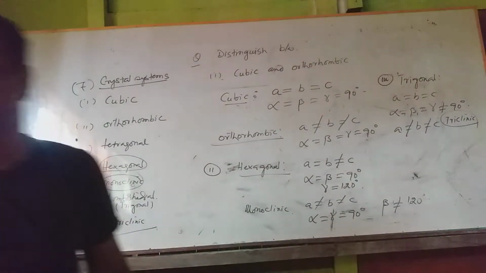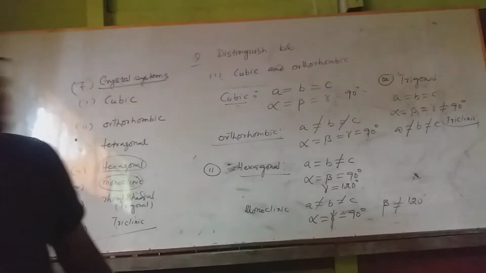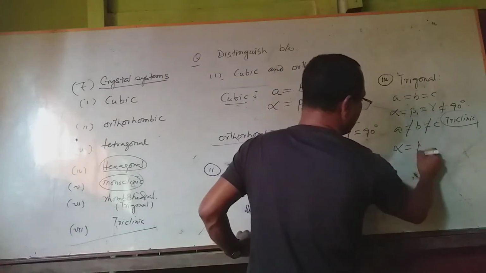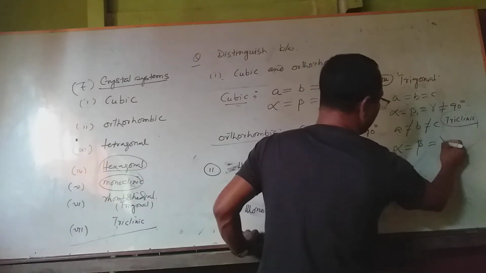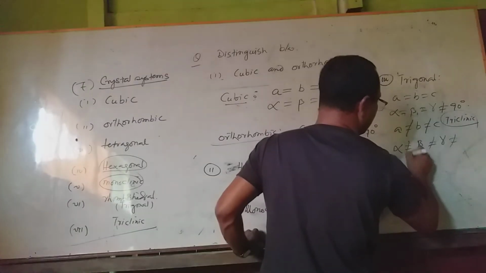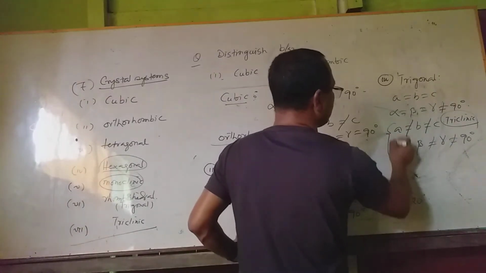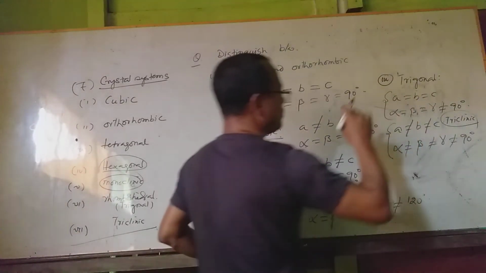All these three are different, and all the angles alpha, beta, gamma are not equal to 90 degrees. So this is for the triclinic, and the earlier one is for trigonal.